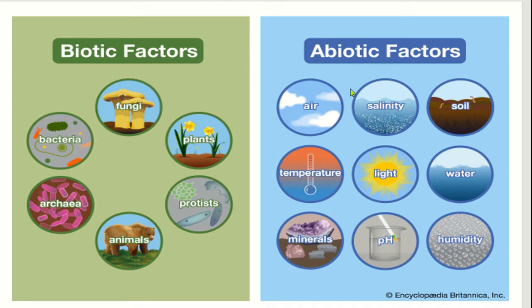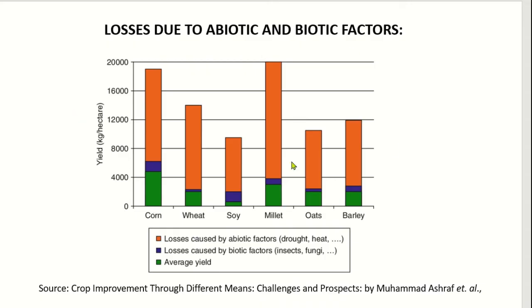Today we're going to discuss biotic factors only, as we have already said. The next slide shows the losses accounted for by both biotic and abiotic stresses. The bars in orange color are the losses due to abiotic stresses, and the bars in blue color represent the losses due to biotic factors.